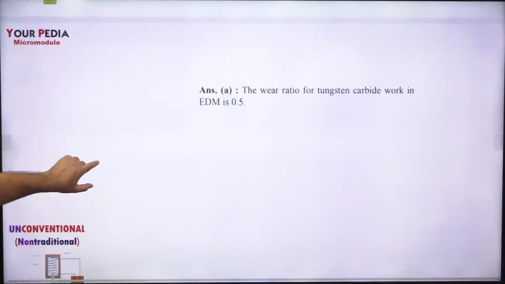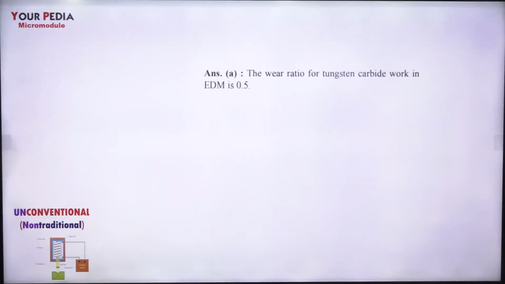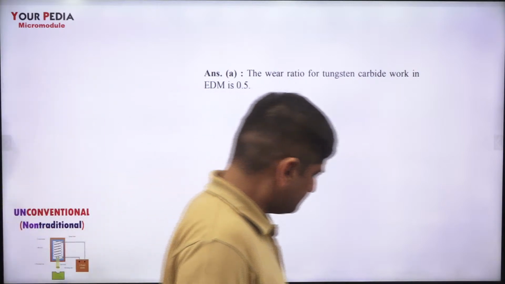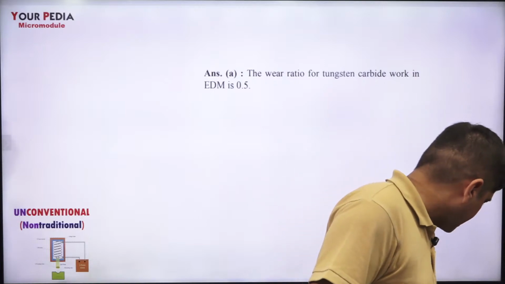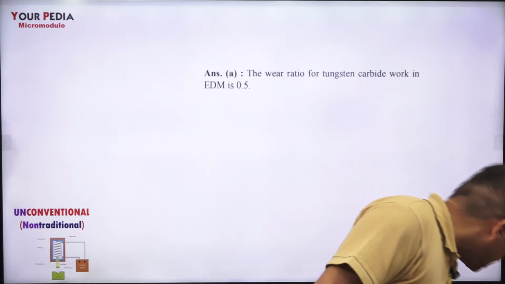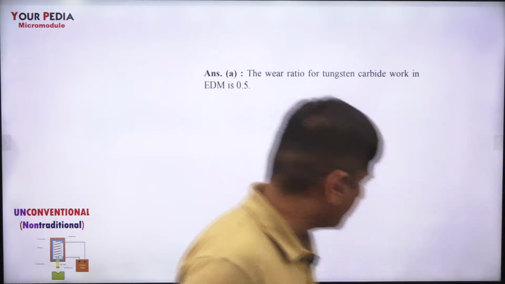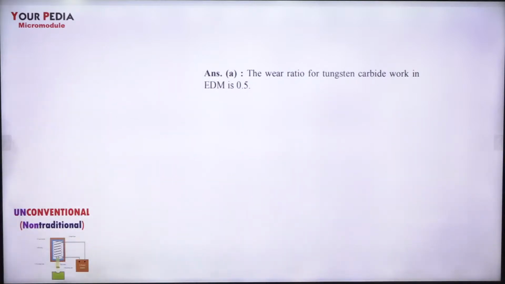So remember, for tungsten carbide we are going to get very high wear ratio, that is 0.5. So 0.5 is the wear rate which I can think of getting. Wear rate will be very high.